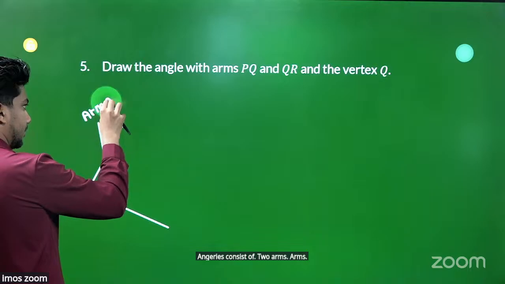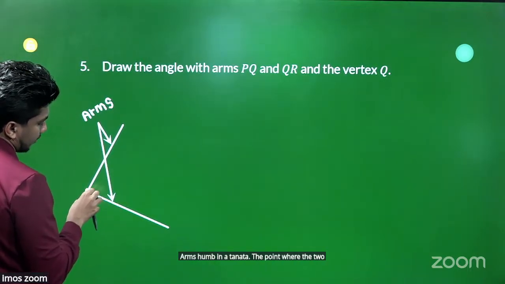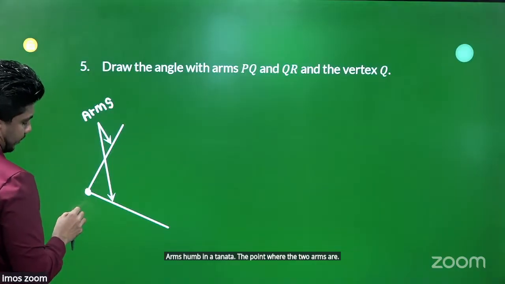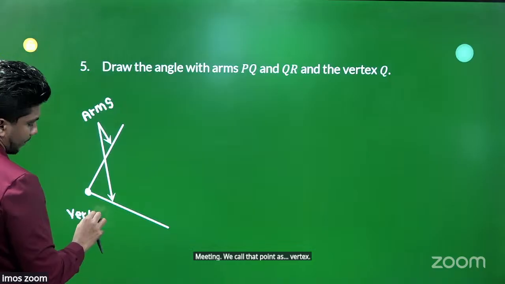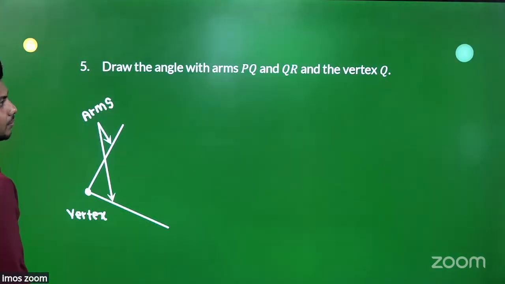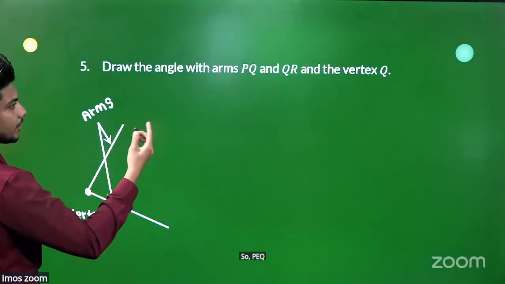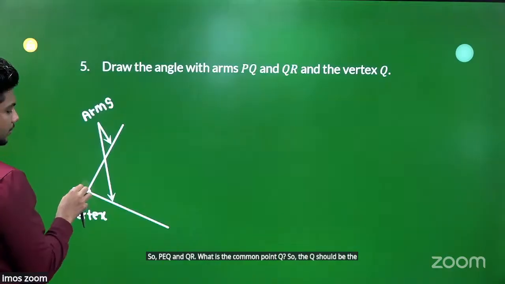The point where the two arms are meeting, we call that point as vertex. So PQ and QR. What is the common point? Q. So the Q should be the vertex.